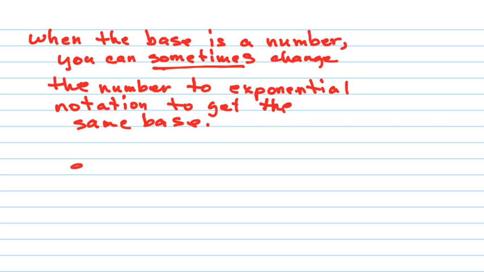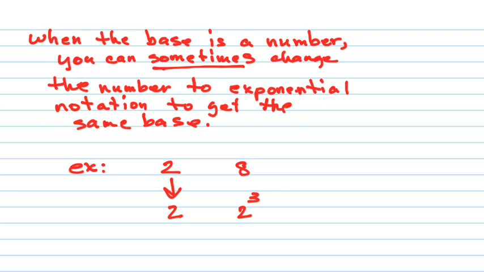So for example, if we have a 2 and we have an 8, guys, are they the same base? No, but 2 can't change. But can I write 8 as 2 to some power? Yes, you can. 2 to what? 2 to the third power.